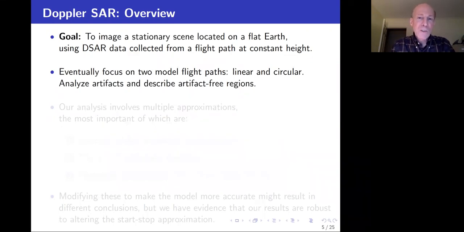Now, doing this just for two particular flight paths, a straight line and a circle, may seem rather specialized, but there are a couple of issues here. One is that the calculations, more for the circle than for the linear case, are actually quite complicated. So we don't know, for example, how to extend the calculation from a circle to a general path with non-zero curvature.